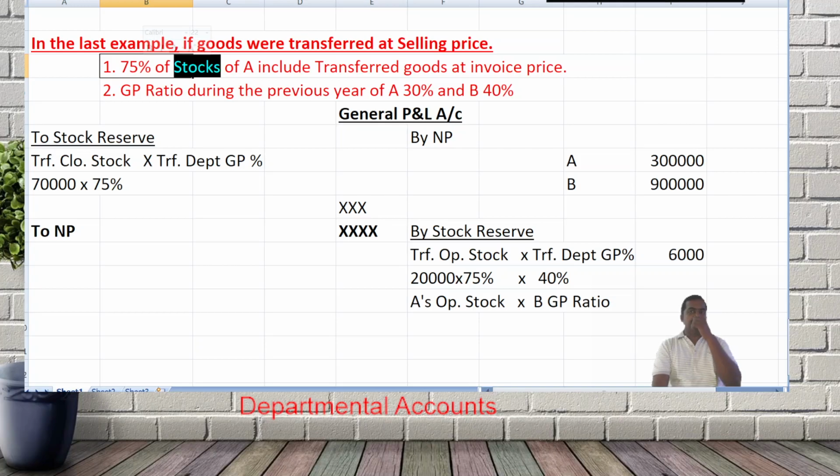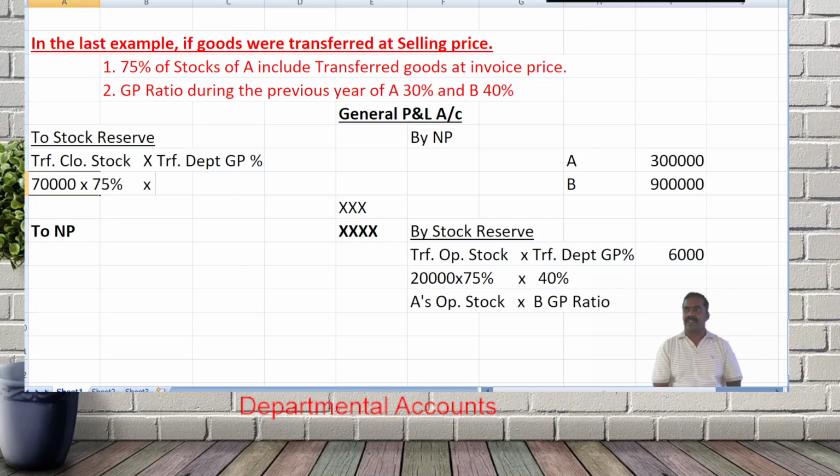Are they using a singular word or a plural word? Plural. Stocks means both opening stock as well as closing stock. So 70,000 into 75% into how much percentage? Don't tell 40%. 40% is last year's GP ratio. When was the opening stock transferred?